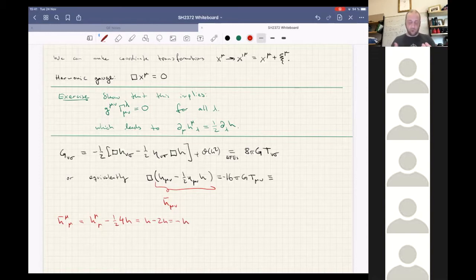So it has the opposite trace of h, and the off-diagonal terms are all the same. So this is called the trace reversed perturbation.